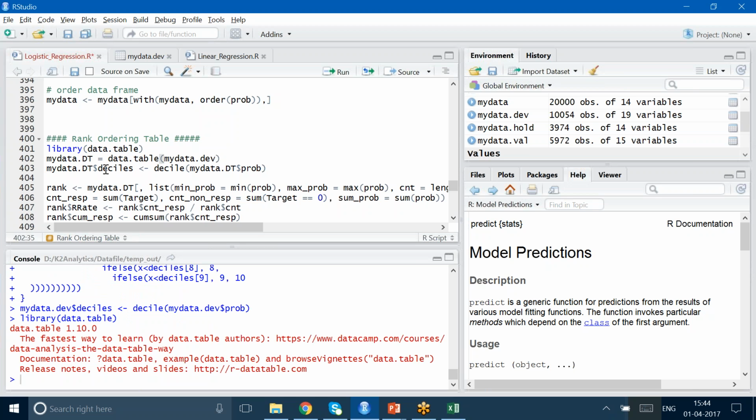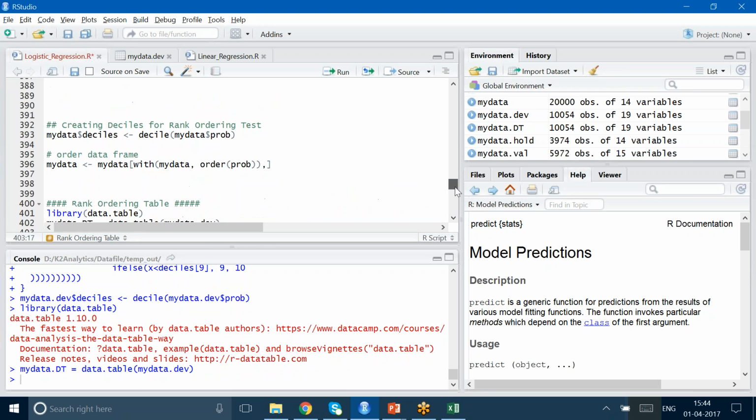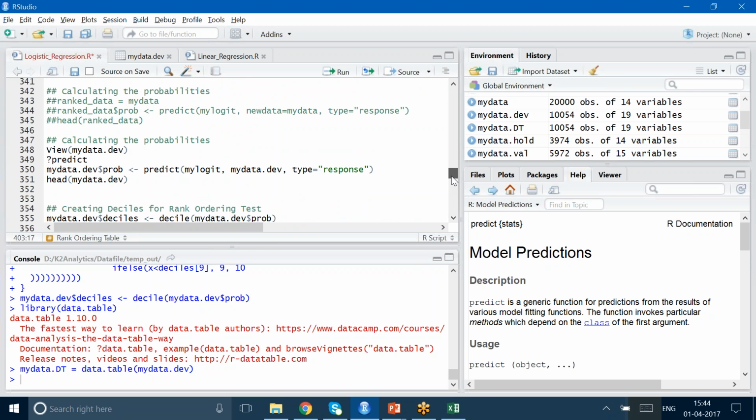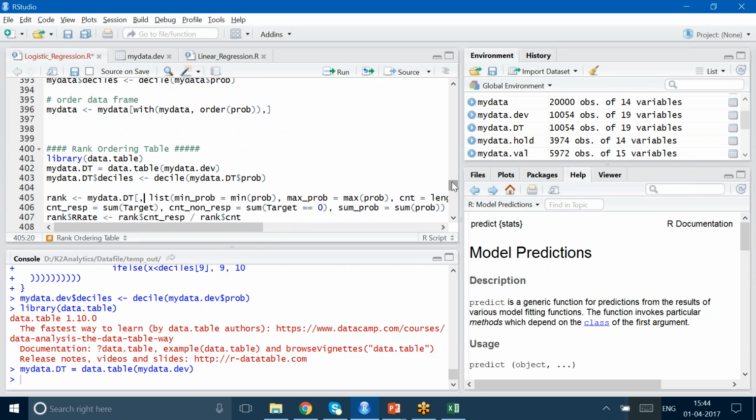So I'm converting this into a data table. What is the name given? Deciles. Yeah. Okay. Now there is some logic which is written here.